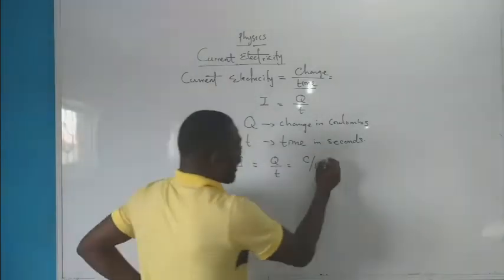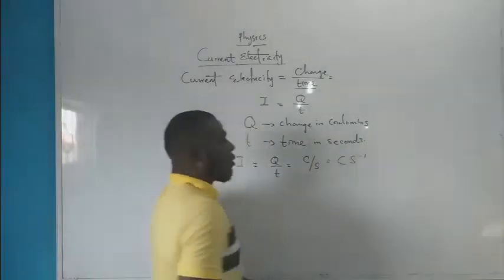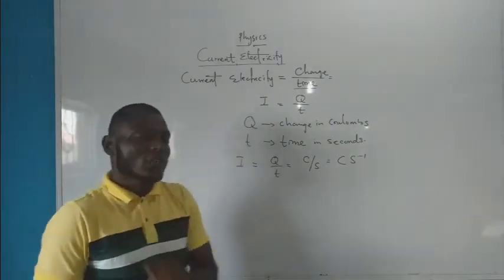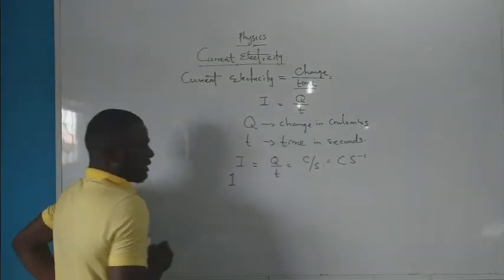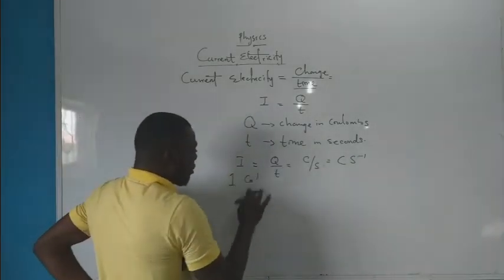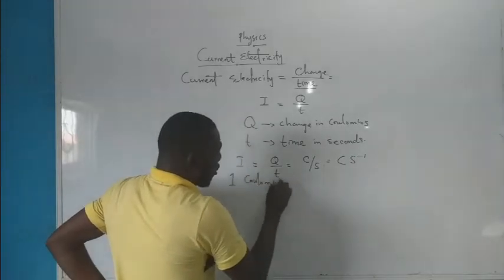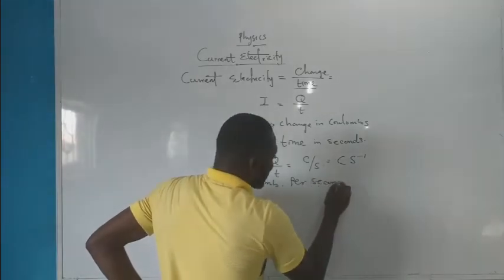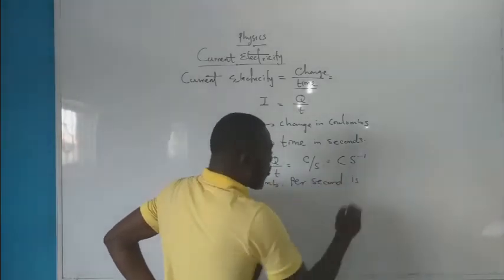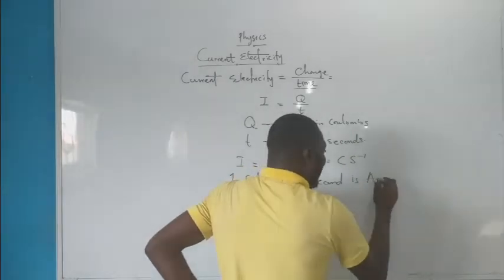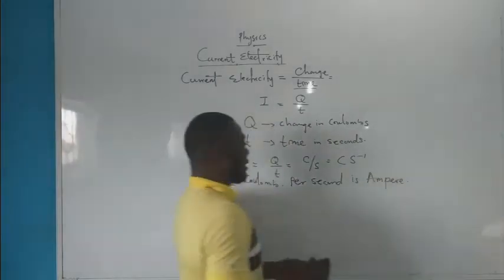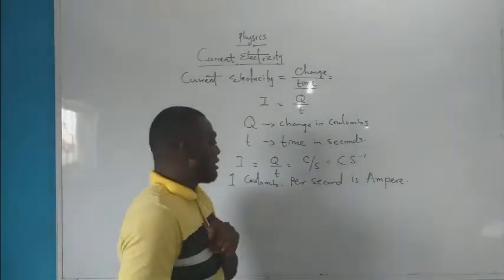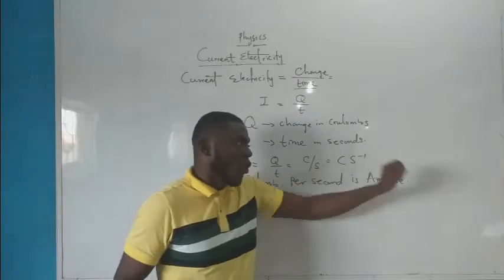So this is the same thing as coulomb per second. Current is coulomb per second, which means 1 coulomb per second is equal to 1 ampere.